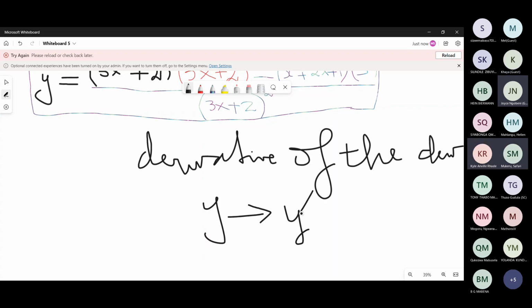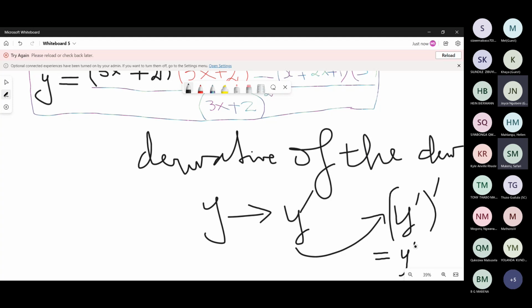If you take y prime again and compute its derivative, y prime prime, we call this the second derivative, and we note it by y second.